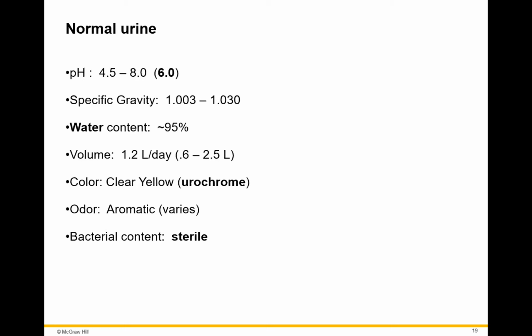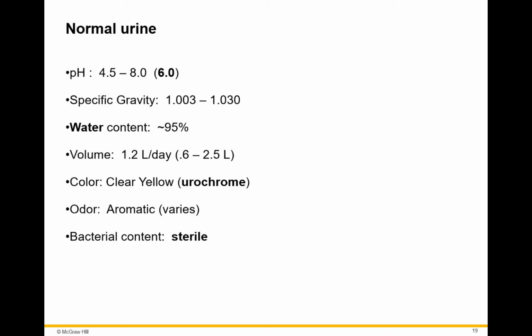Right, 95% water. We've mentioned the average volume per day. Your urine is kind of a clear yellow, and this is based on the presence of the pigment urochrome, which actually is a breakdown product of hemoglobin metabolism. And the color may vary sometimes, depending on what foods you ate. Obviously, if you're on the lower end, like the 0.6 liters, it's going to be a little bit darker.